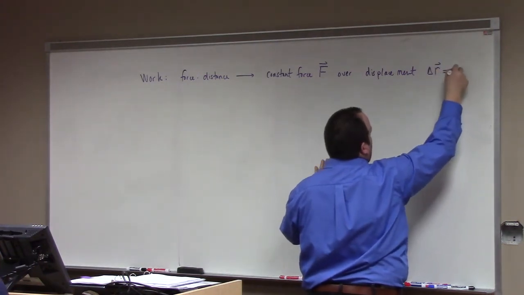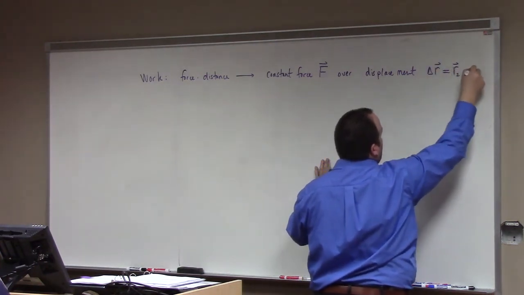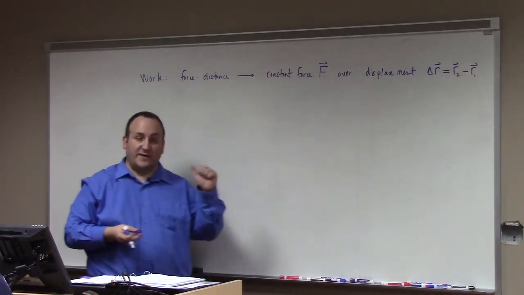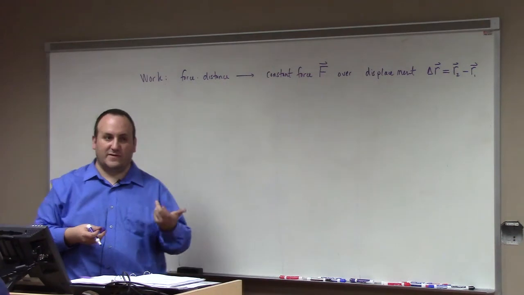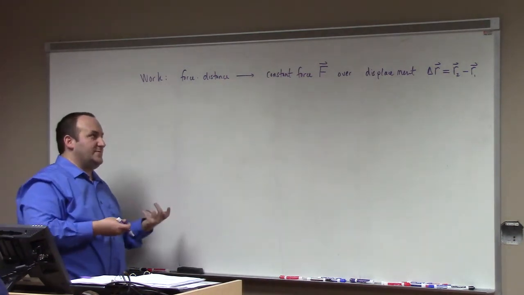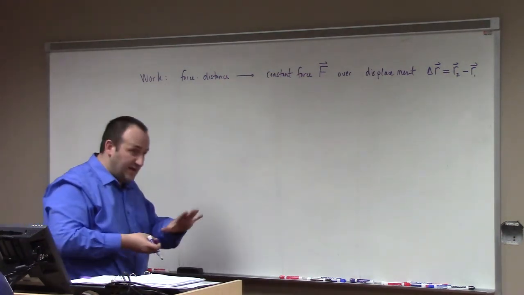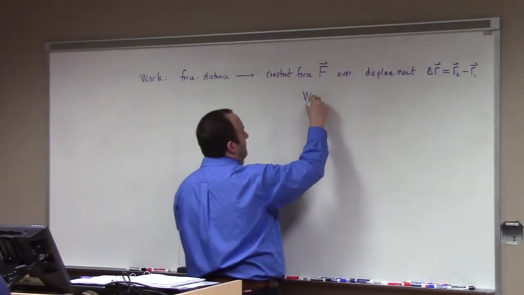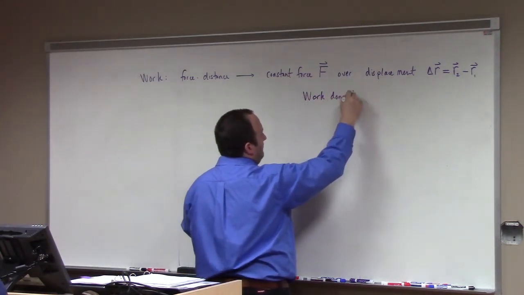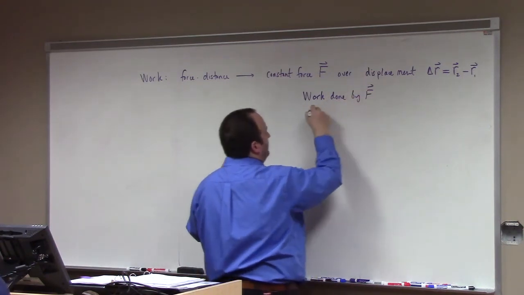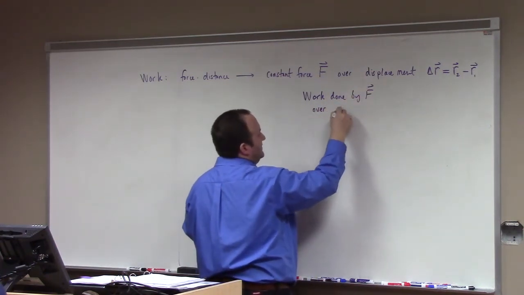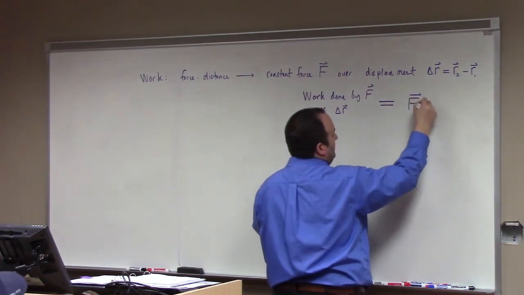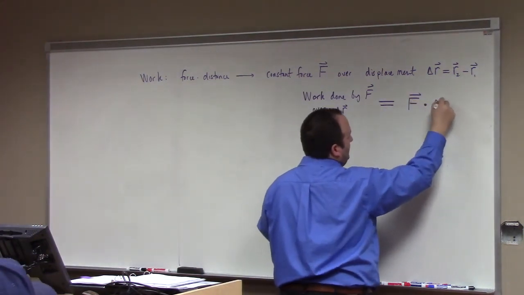So that'd be something like r2 minus r1. Your final position minus your initial position is your displacement, right? So the displacement vector dotted with the force, if it's a constant force, gives you the work done. Work done by F over this displacement delta r is equal to F dot delta r.